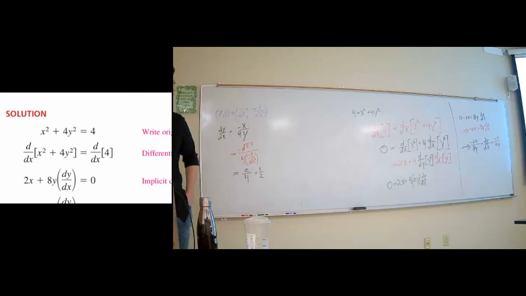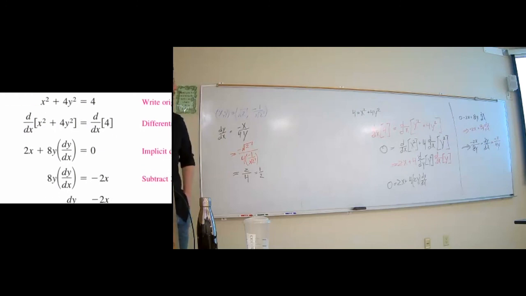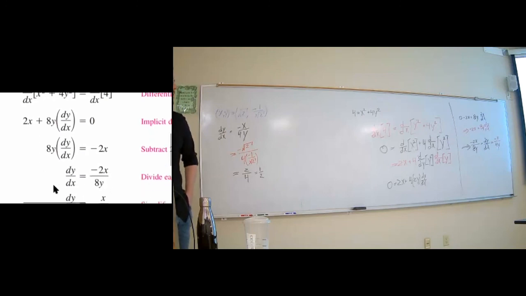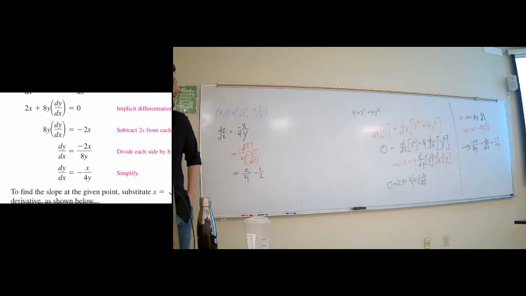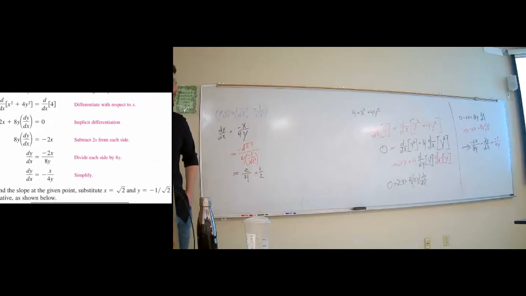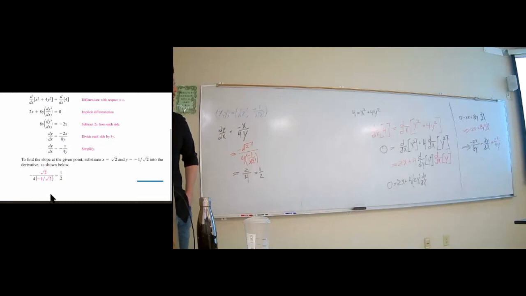This is just implicit differentiation. Then we want to solve for dy/dx. So we subtract 2x from both sides, divide by 8y. dy/dx is equal to negative x over 4y. So from here, we just plug in our points. We know what x and y are, so let's just plug them in. Plugging them in, we get 1/2.